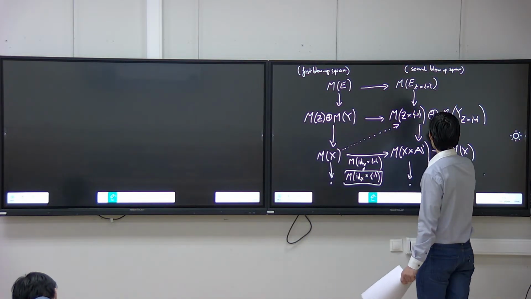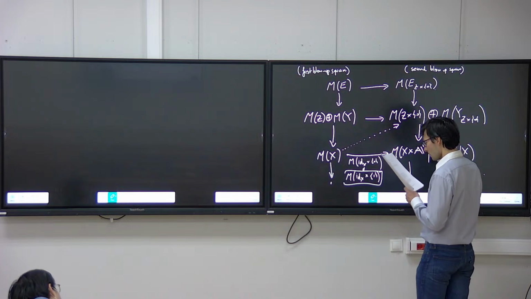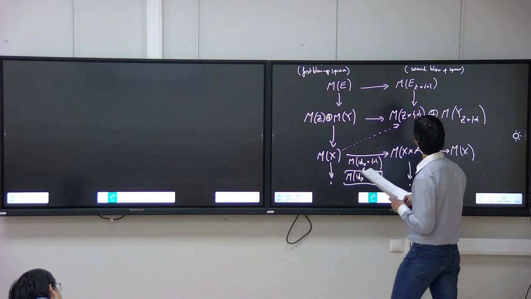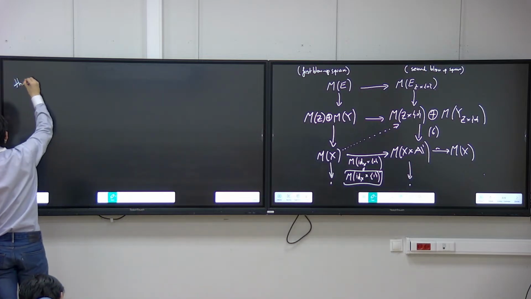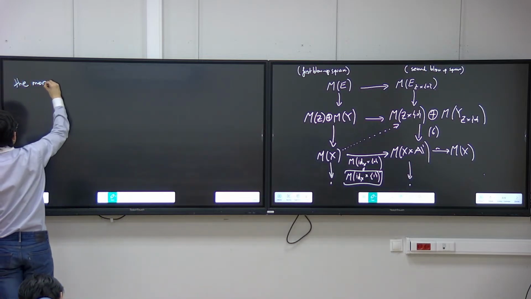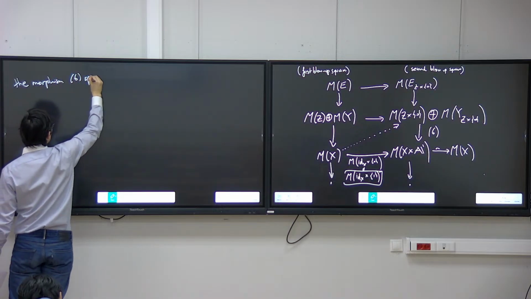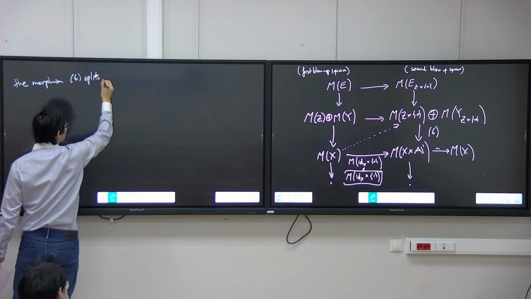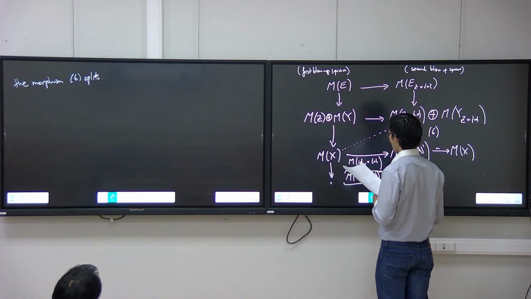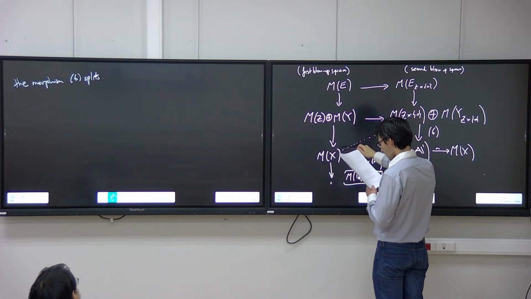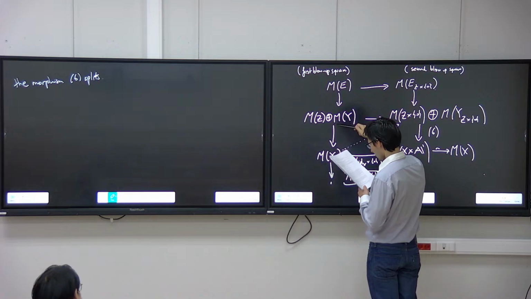So the upshot is that this morphism here, which in my notes is 6, splits. But we're still not quite there because we need to show that M of X to M of Y splits, right?